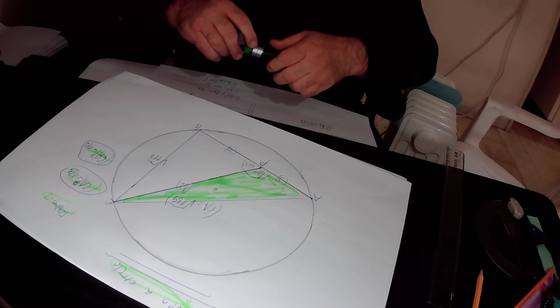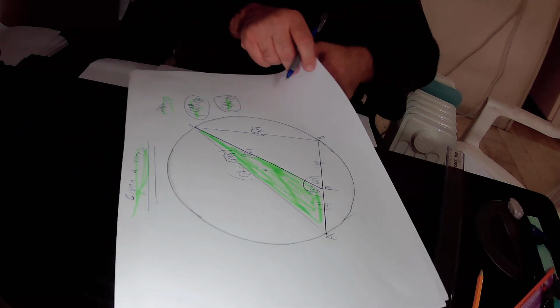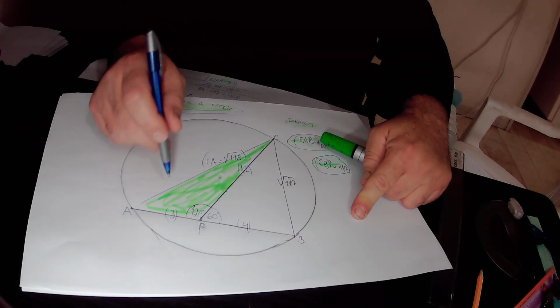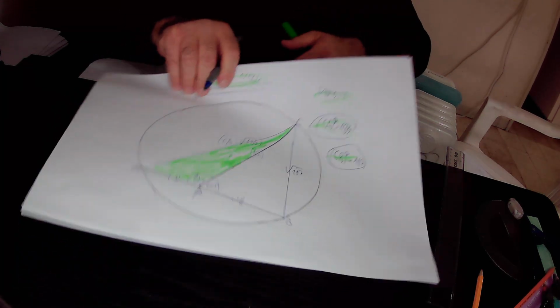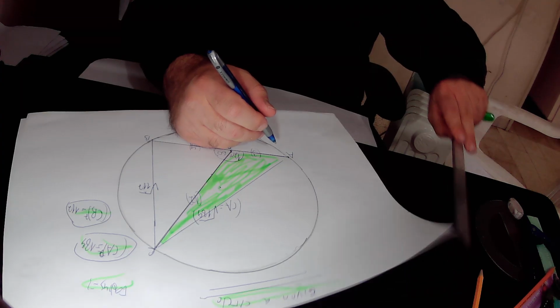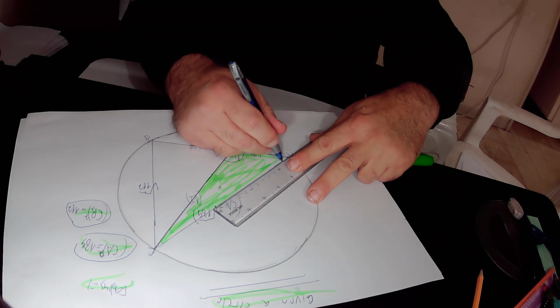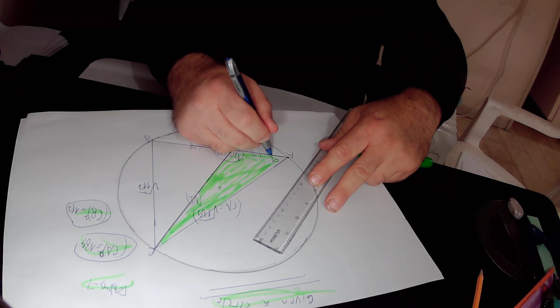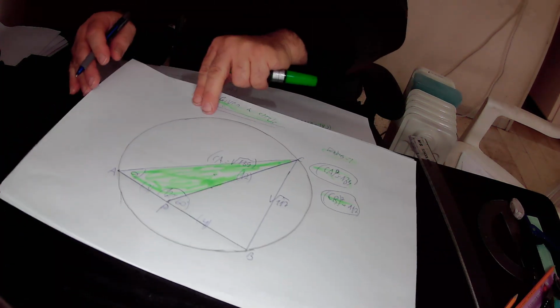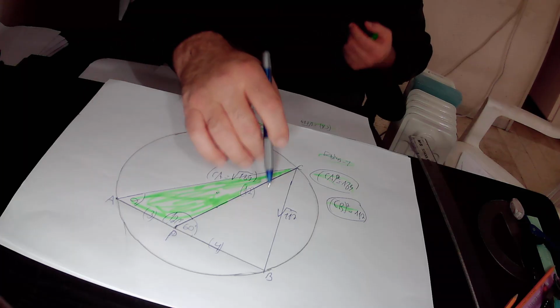In the next step, we define angle PAC, this angle is alpha. And we will implement the law of cosines on the big triangle, triangle ABC.